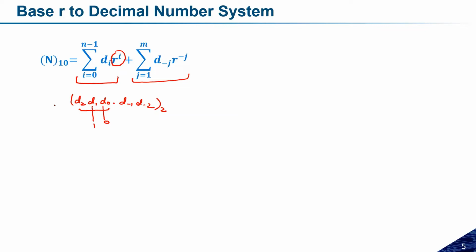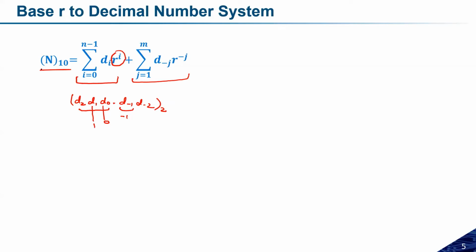That is for the integer part. Similarly for the fractional part, the position of the first digit is minus 1, so this digit is multiplied with 2 to the power minus 1, and so on. We add them all, and that gives the decimal number.